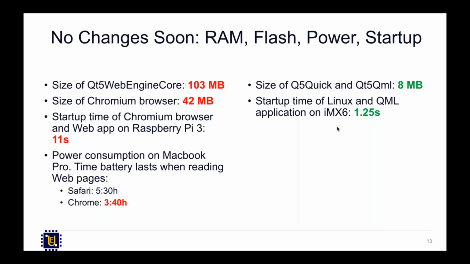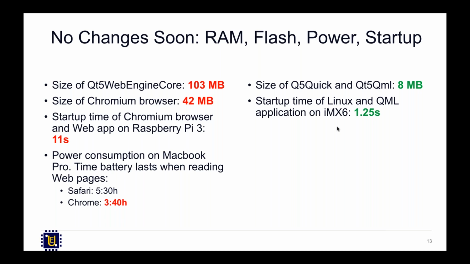Then I looked further and checked out the Chromium browser on the same Linux Intel system: 42 megabytes. The web engine is linked in statically, probably with a lot of optimizations, so you save quite a bit of space.